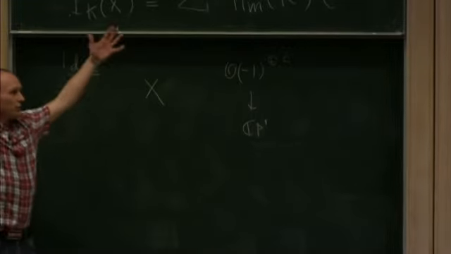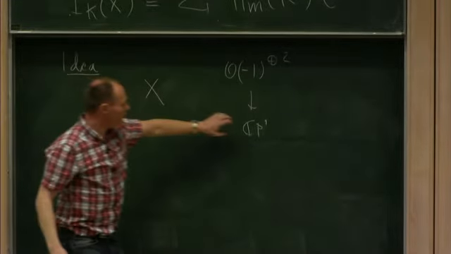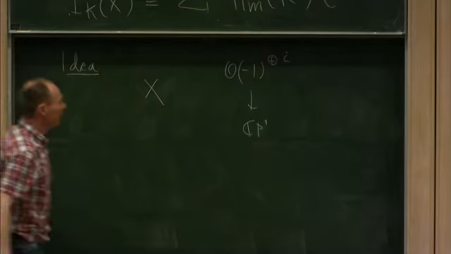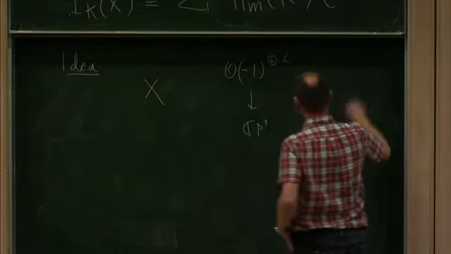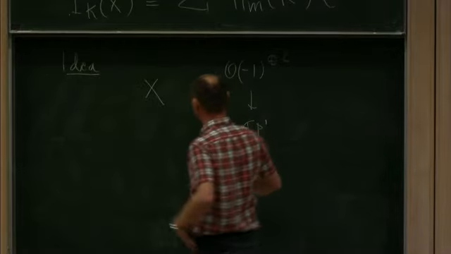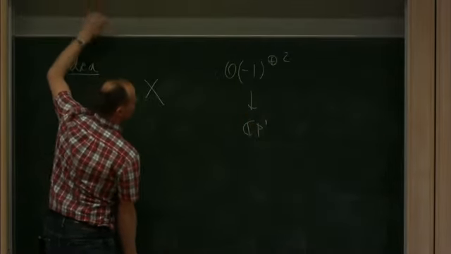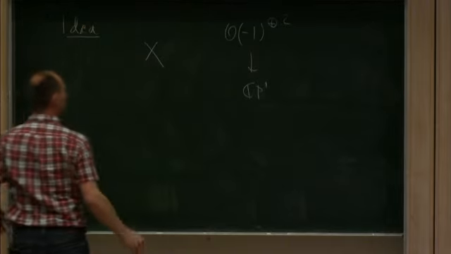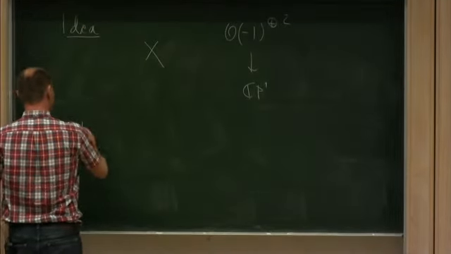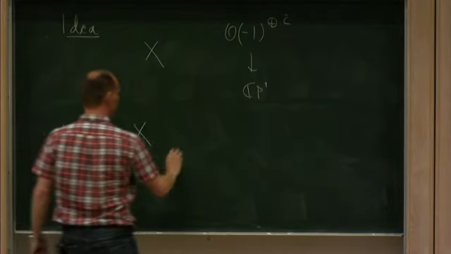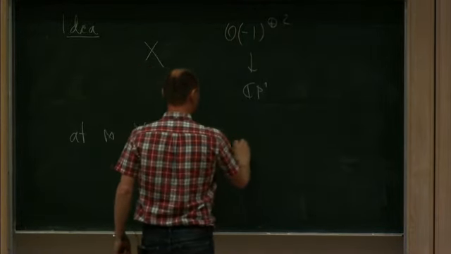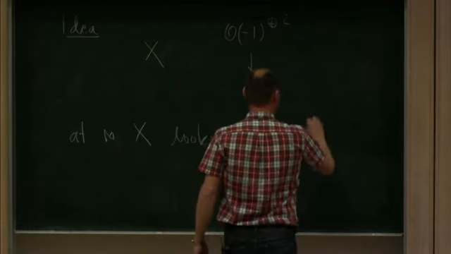And if you go to infinity, very far from this CP1, then X looks more or less exactly like the infinity of CP1, of T*S^3. So at infinity, X looks like T*S^3.